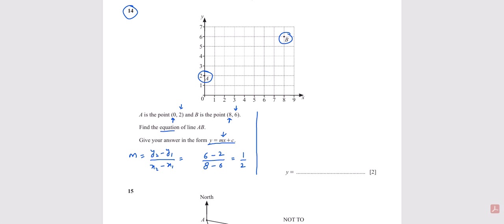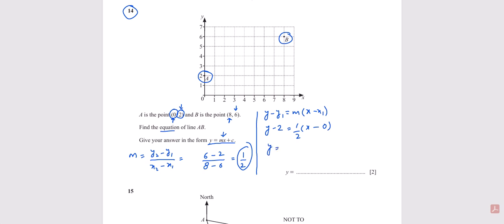Find the equation of the line. The equation of the line is y minus y1 equals m times (x minus x1). So y minus 2 is equal to m, which is 1 by 2, times x minus 0.